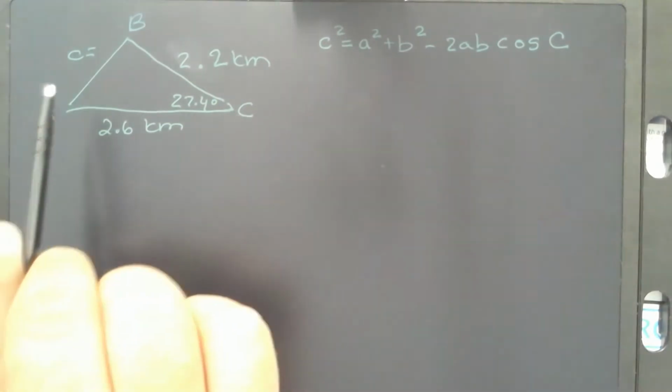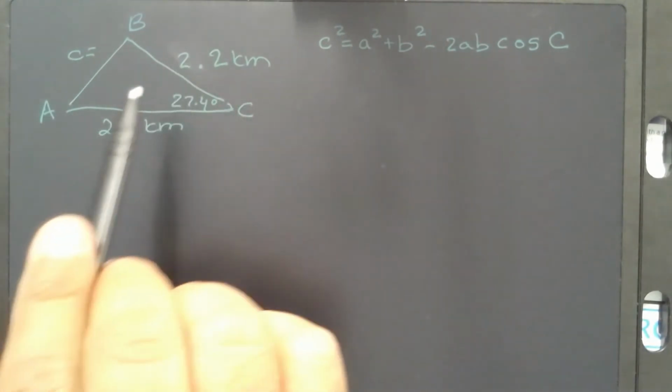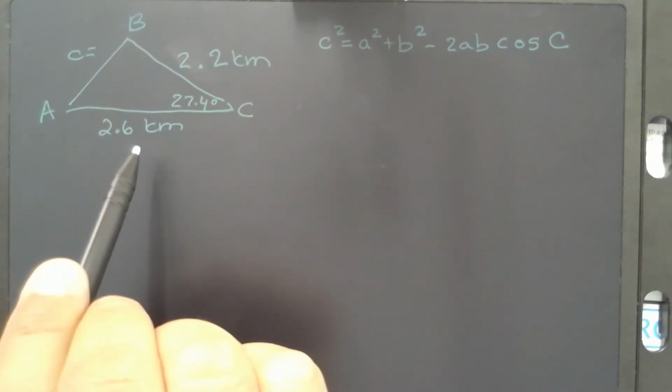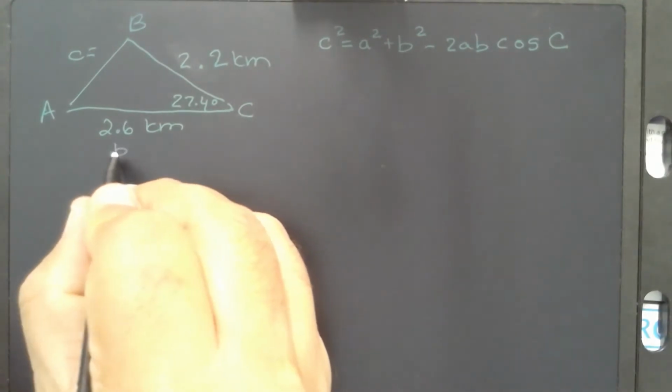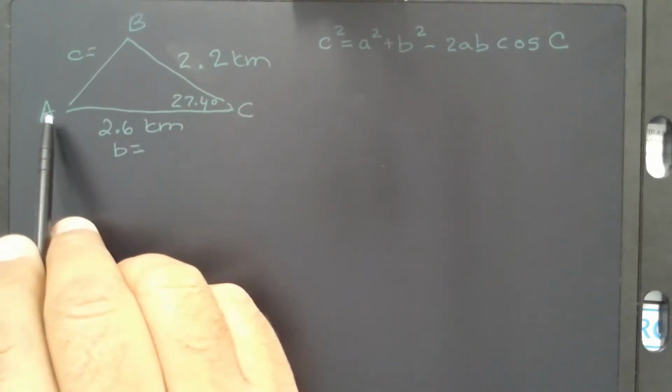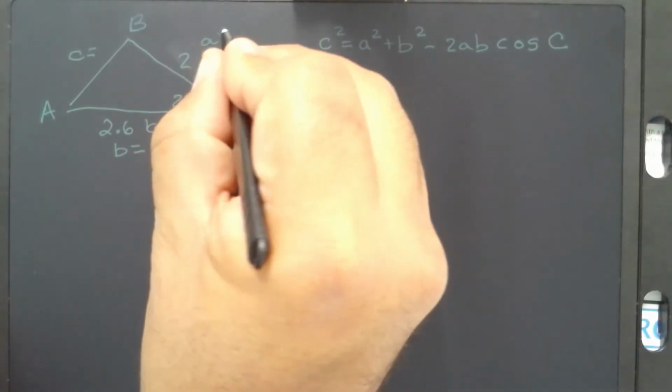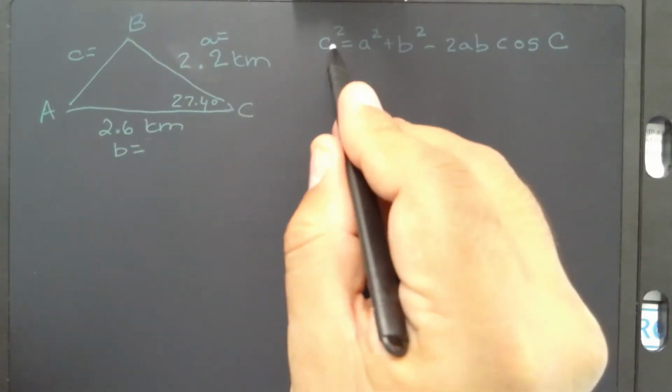We're substituting everything else that is given. So if this is angle B, this should be little b. If this is angle A here, then this is little a. We'll plug that in here. Do we know what C is?